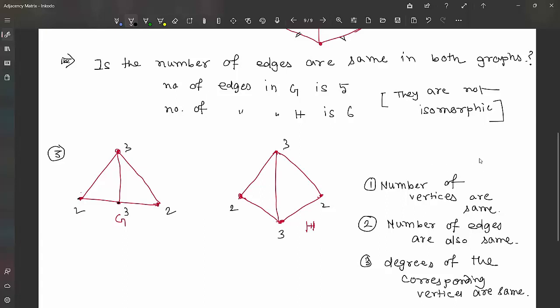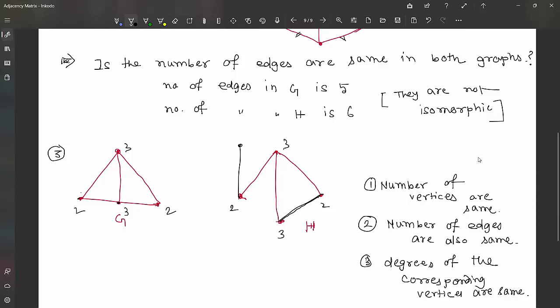So what happens if we draw this type of graph differently? Suppose we omit one edge from here and add another edge here. So if this is your graph, in that case you can see the total number of vertices is 1, 2, 3 and 4.